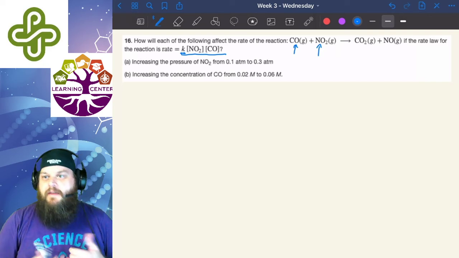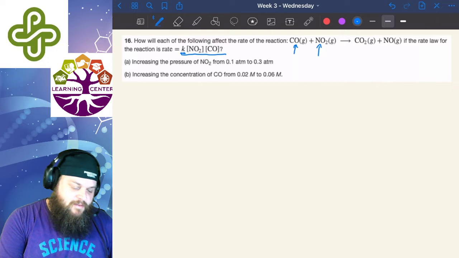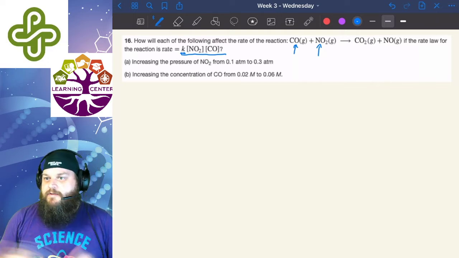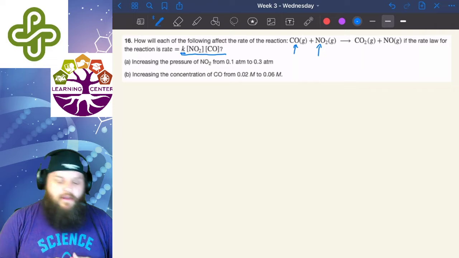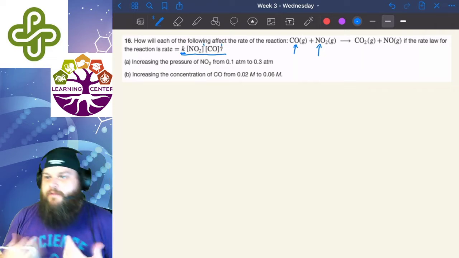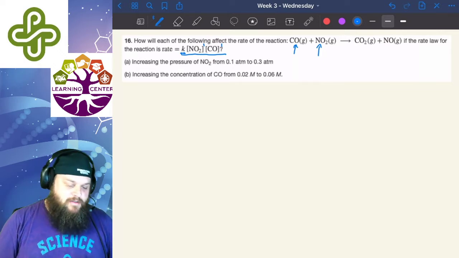K is going to be the rate constant. It's a constant at different temperatures for what that rate's going to be. And we can notice that the exponent that each of these is brought to is the first power. So those are going to be first order reactions.